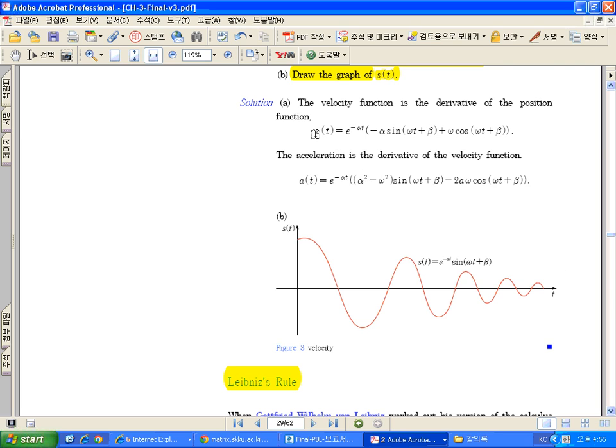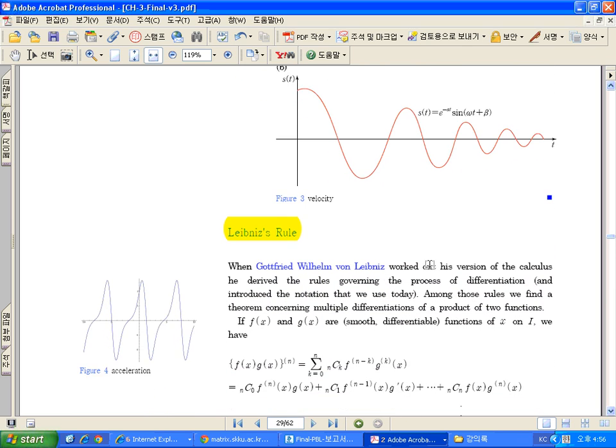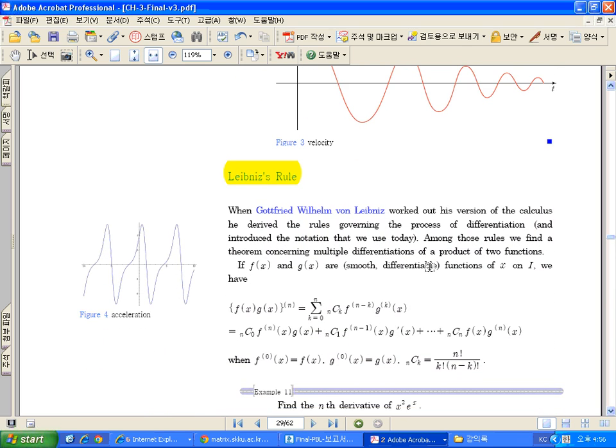Finding the first derivative is easy using the differentiation rules, and then you make the graph. From this, you will see how it behaves. The velocity and acceleration can be found from the graph, so you will understand the meaning of the functions that you have found.